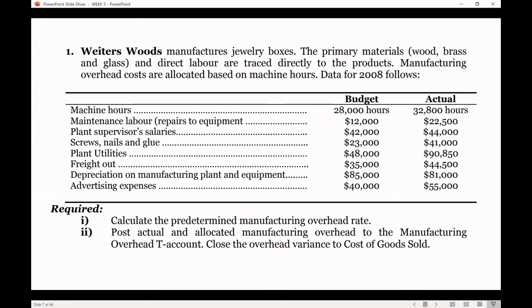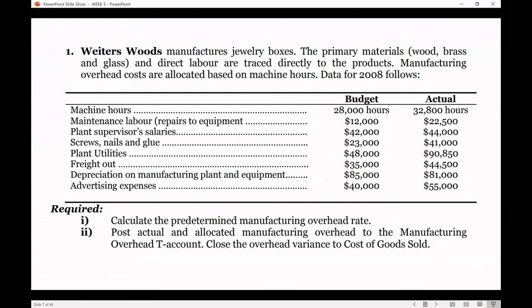So let's go through and see which of these costs we'll be including in our overheads. Machine hours, no, that's not a cost. That's our cost driver, and it's the estimated cost driver. So we're using the 28,000, not the 32,800. So what's going to go at the bottom of our formula where it says total estimated cost driver units is 28,000. Jumping the gun a little bit, just want to point it out because it's there.